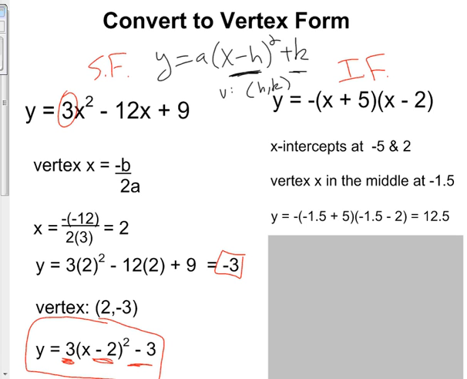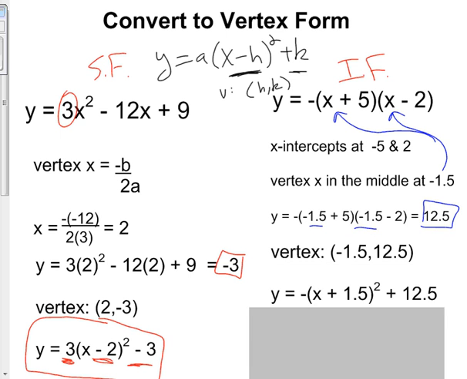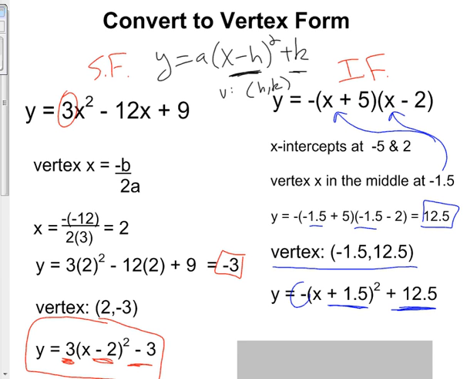And then to get the y, you plug the x back into the equation and you solve for y. So the y of the vertex would be 12.5, and now it's just like the standard form. The vertex is here, so we plug that in to vertex form, the opposite of the x. There's the y, and the a value is just negative 1 because that's what it was to begin with.